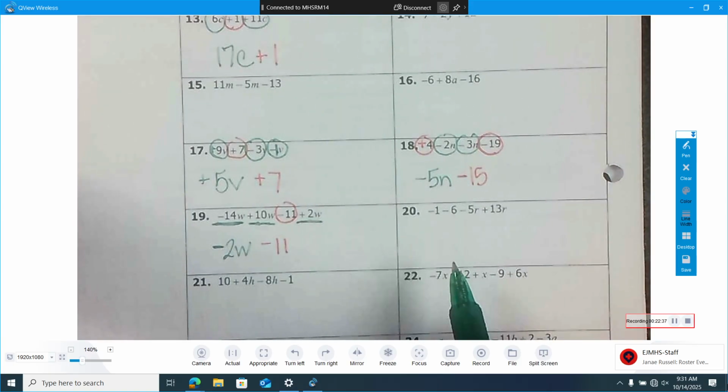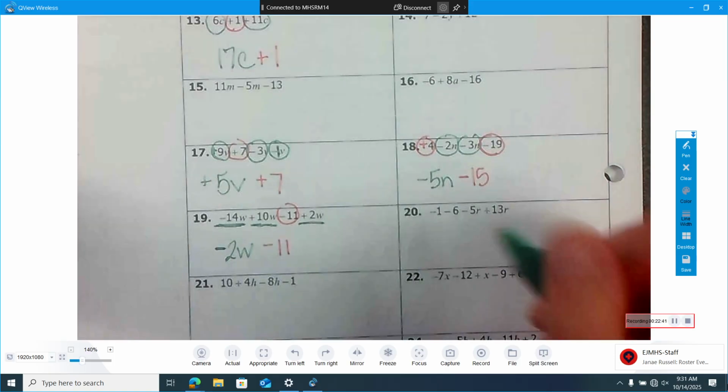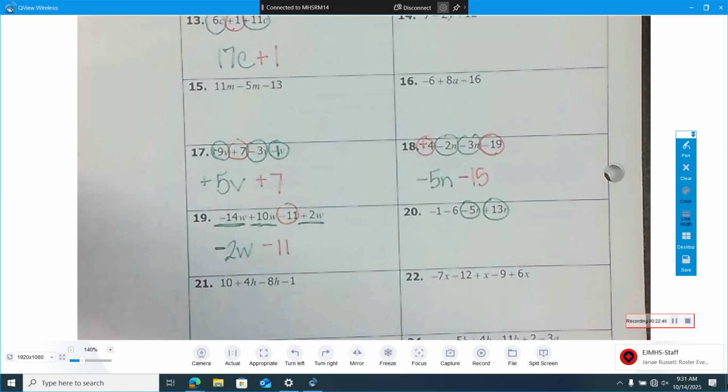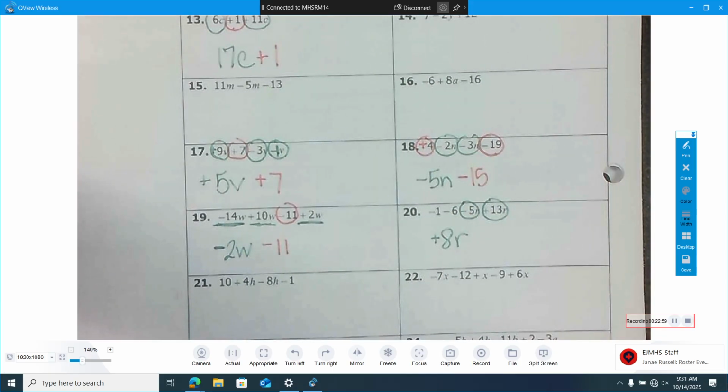Let's look at number 20. My variable terms are good, -5R and +13Rs. -5R, +13R. Who's going to win here? The positives are going to win. By how many? By 8. Very good. +8R. That's going to win that battle.